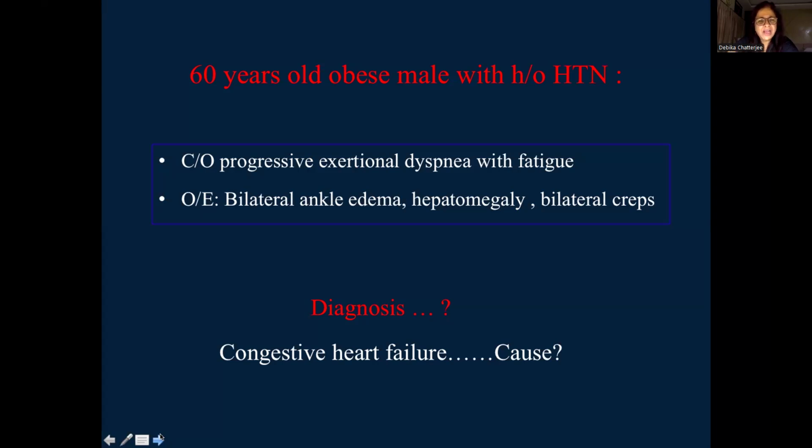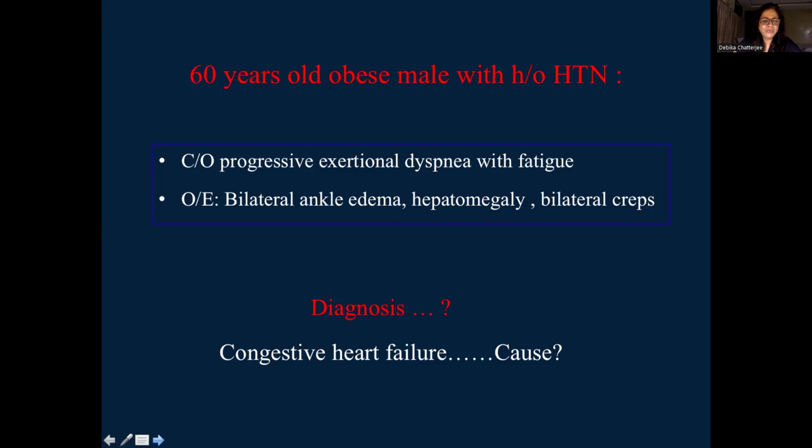So obviously the diagnosis is congestive heart failure. Now, as we get a case of heart failure, we always try to find out the cause. And the first cause which comes to our mind is the patient having systolic heart failure.